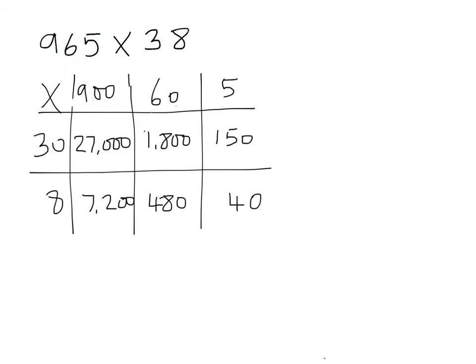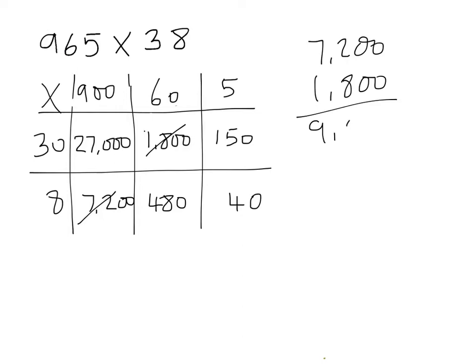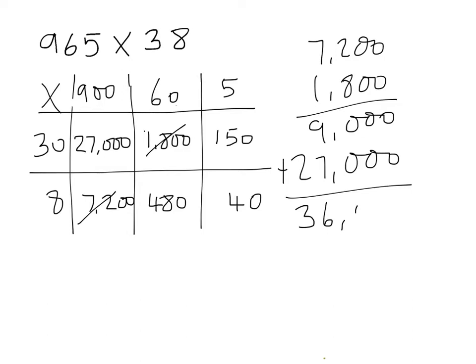Now there's a lot of adding to do for this, so we'll work through it slowly. First of all, I'm actually going to get rid of the 7,200 and 1,800. If I add those two together, I will get 9,000. I'll add that 9,000 to 27,000, and I should get 36,000.